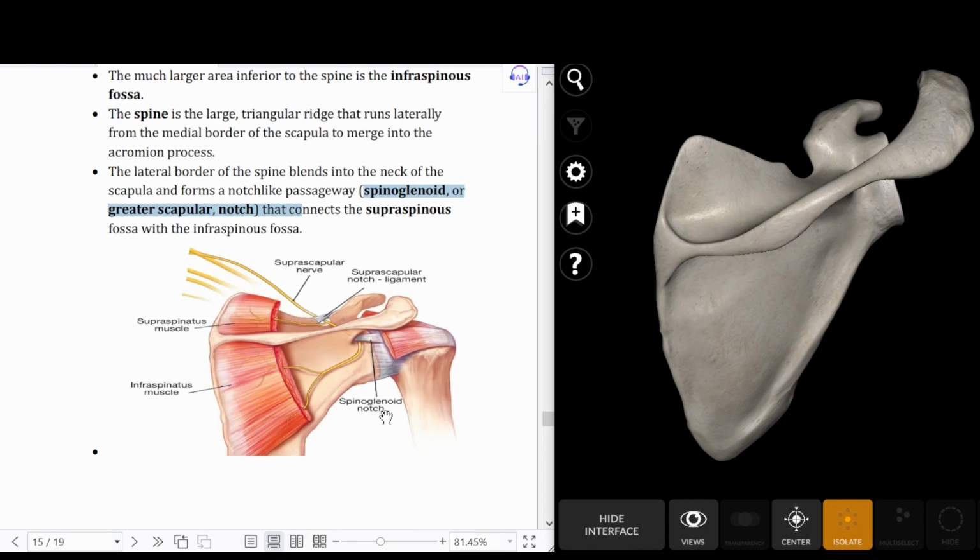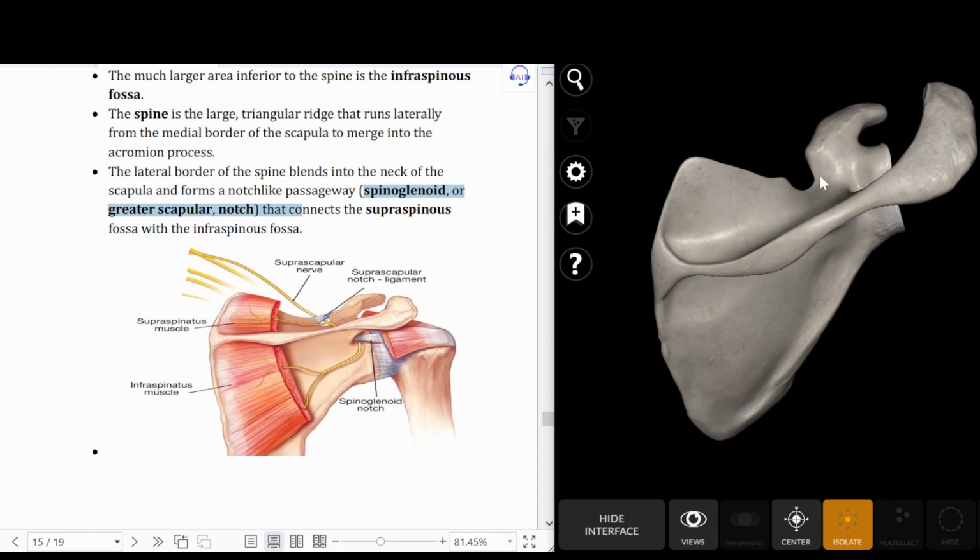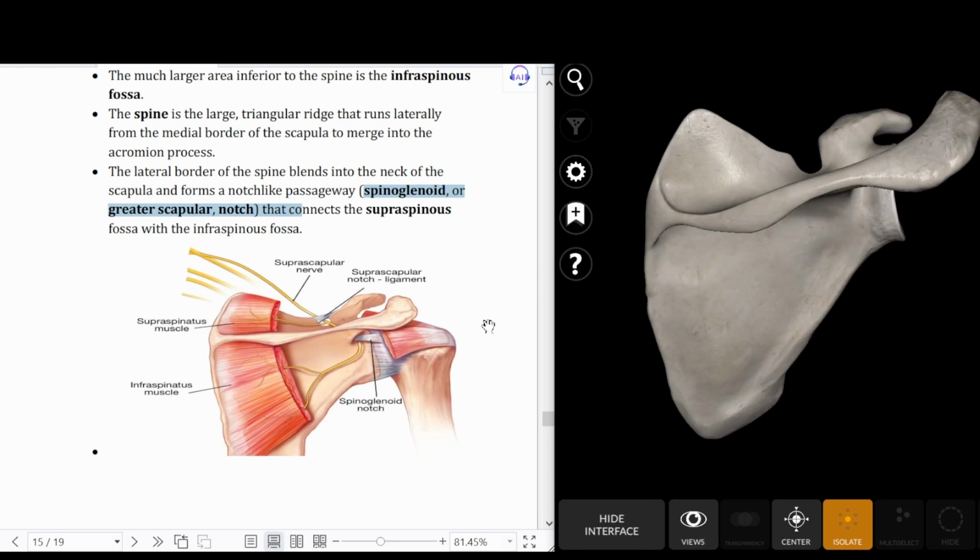So the clinical importance is that the suprascapular nerve and suprascapular vessels pass through this suprascapular notch, and then these nerves supply their muscles.